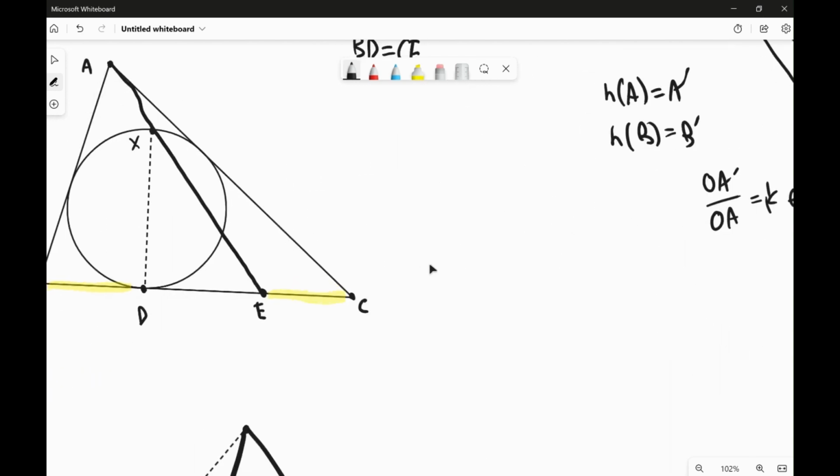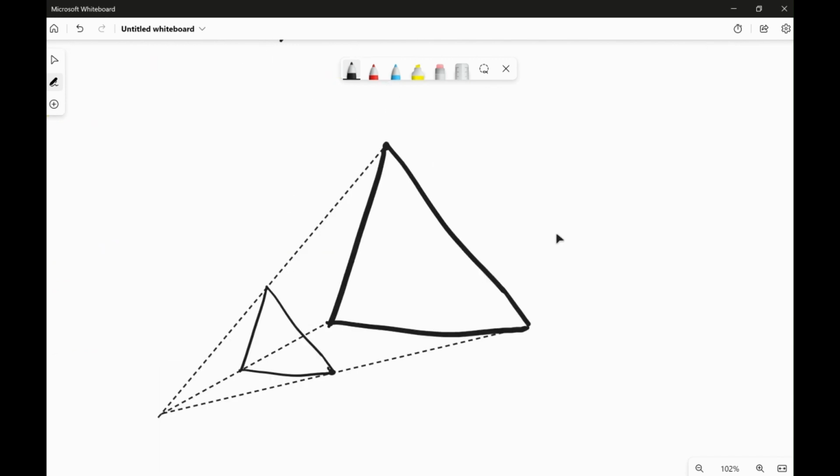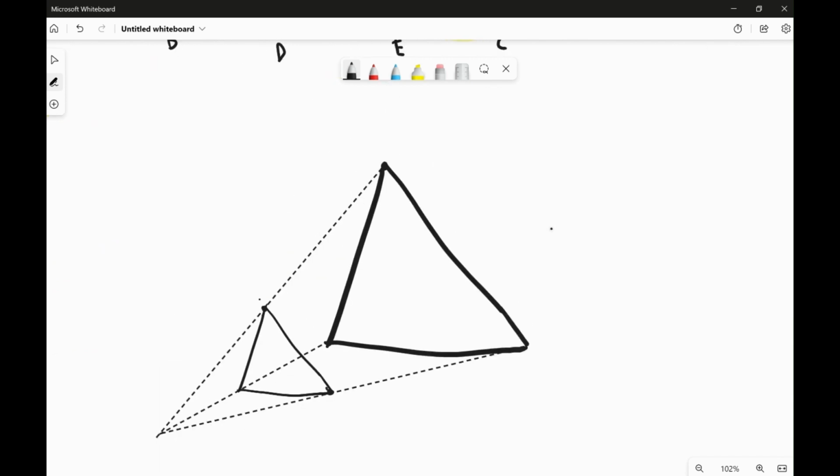A commonly used example of this is, suppose we have a triangle A, B, and C. And then we have another triangle A prime, B prime, and C prime. And we have that AC is parallel to A prime C prime.